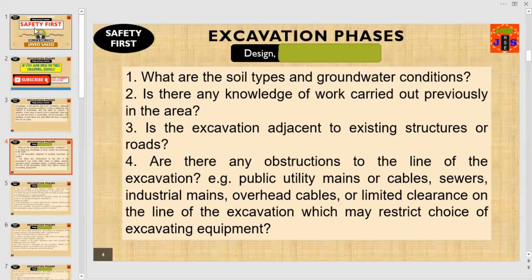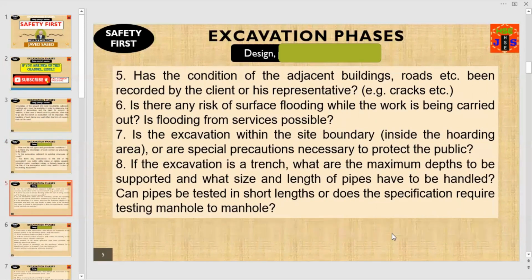For example, public utility cables, sewer lines, overhead cables, or limited clearance on the line of excavation, which may restrict choice of excavating equipment.